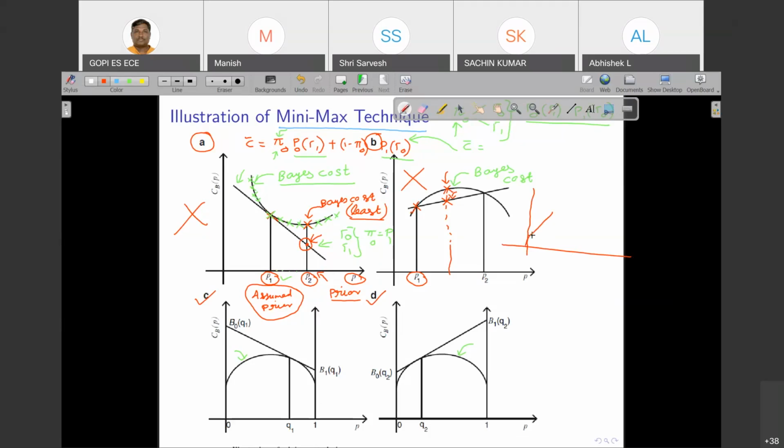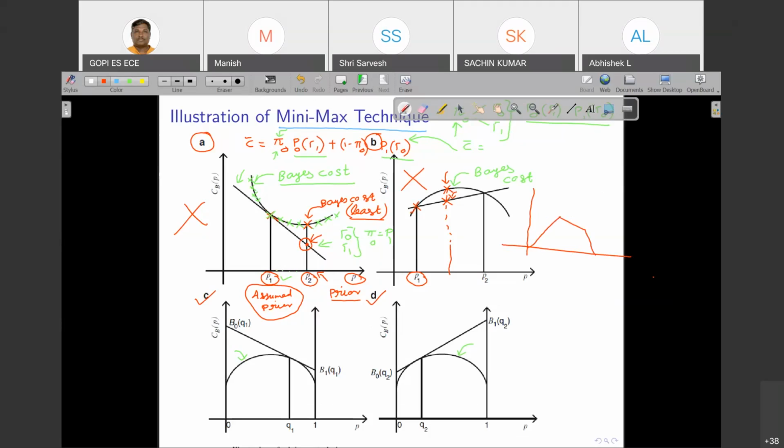Binary case also, we got a shape like this, right? It is something similar to this, but there it is piecewise linear, while in this case it is continuous. So this is looking like what we expected, right?